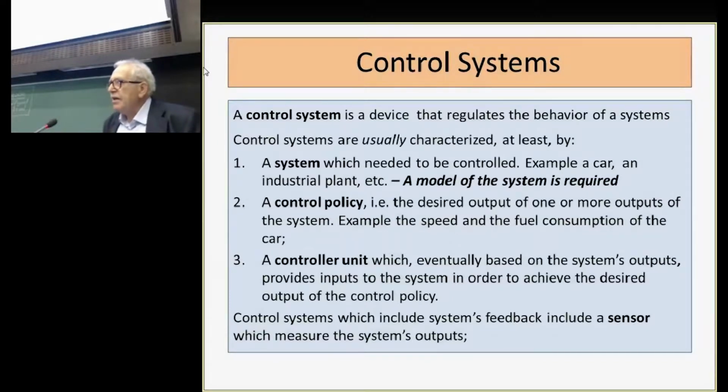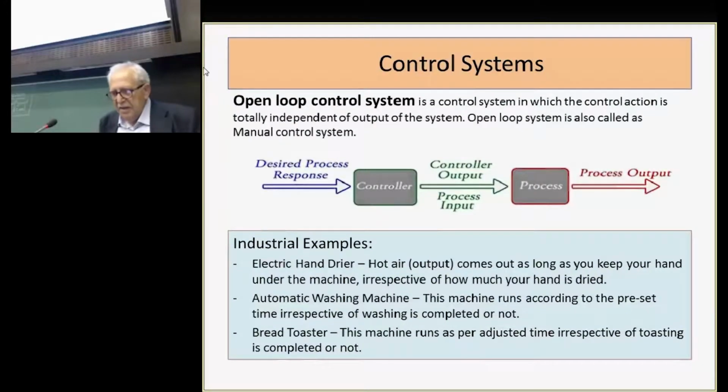A control system may include a feedback. So you have a sensor which measures the system outputs, so how the system reacts to the control, and then it cycles to adjust inputs so as to get to the final results. The simplest control system is an open loop.